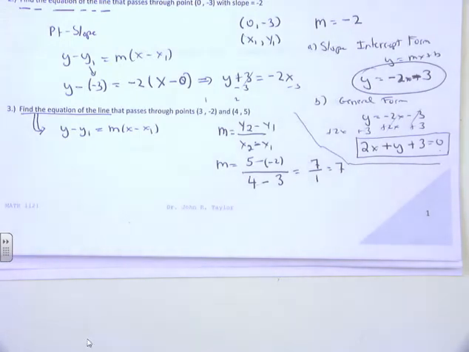Negative, does that scare you? Well, 4, 5 and 5, 4 scares me if I'm dyslexic. But honestly, it doesn't matter which point you use, you'll get the same answer. However, I would use these smaller numbers because there's less chance for me to screw the numbers up. All right?